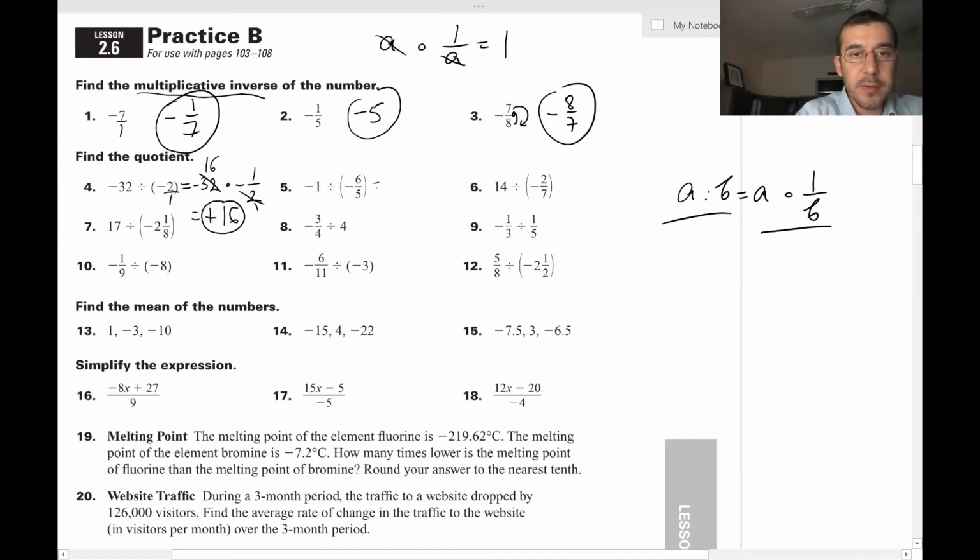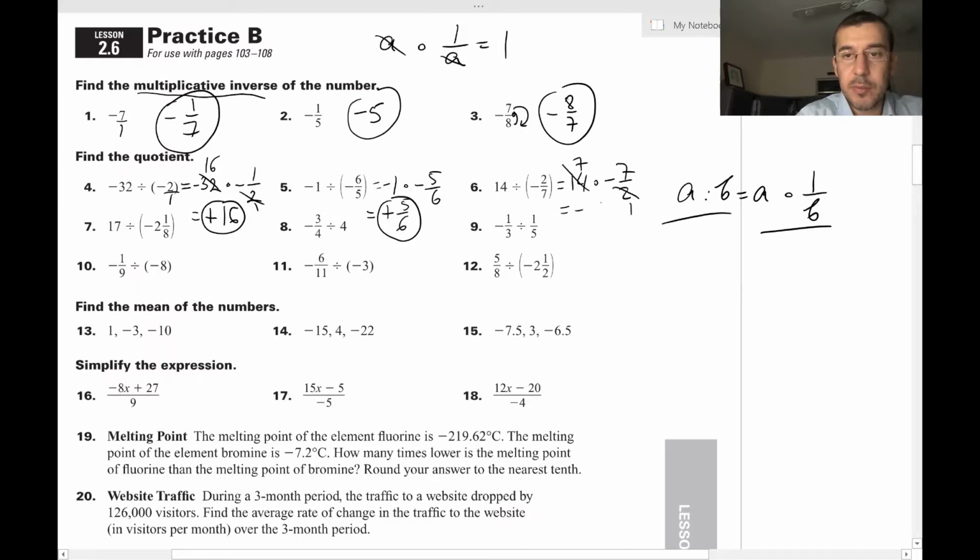Number 5, we have -1 times -5 over 6, right? And then the product of two negative numbers is positive, and then 5 over 6. Number 6, we have 14 times -7 over 2, right? And then 14 and 2 cancel out by 2.